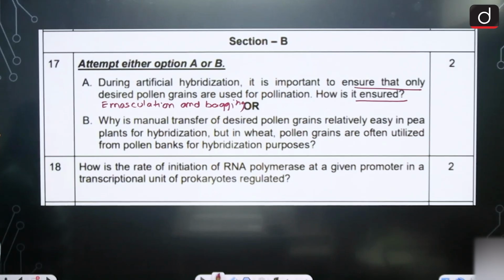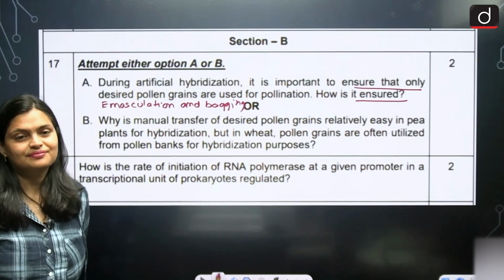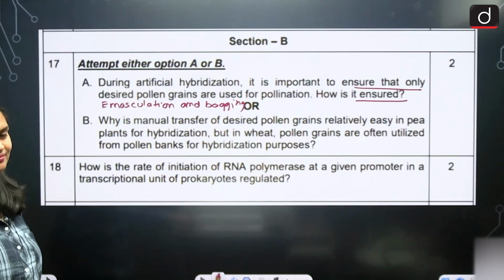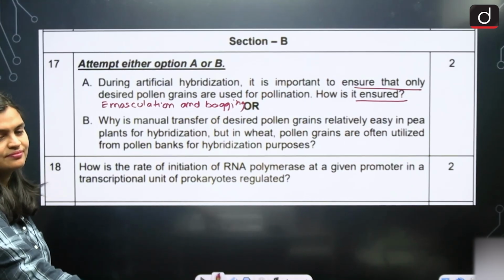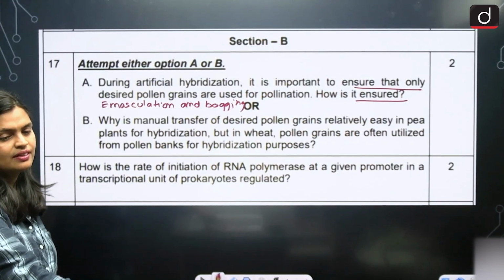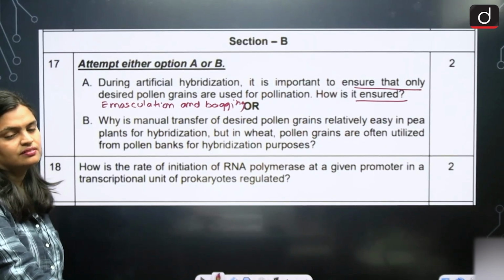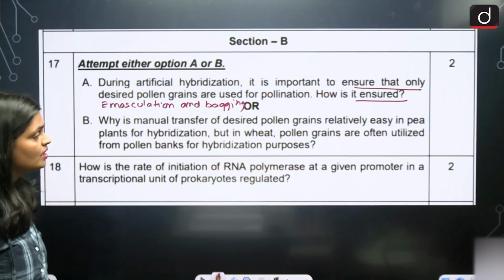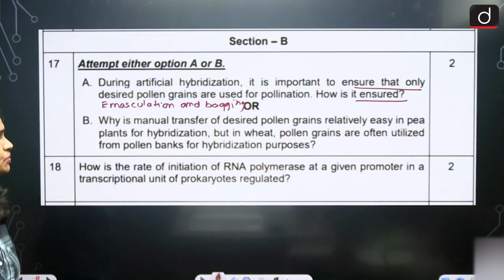How is the rate of initiation of RNA polymerase at a given promoter in a transcriptional unit of prokaryotes regulated? See, यहाँ पे 2 चीज पूछा है, ठीक है?